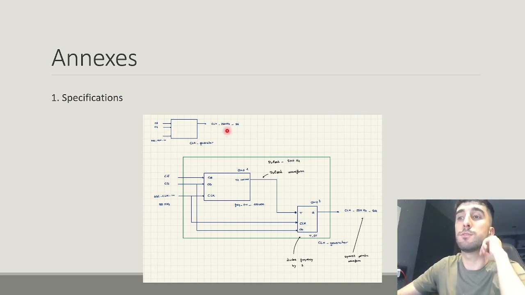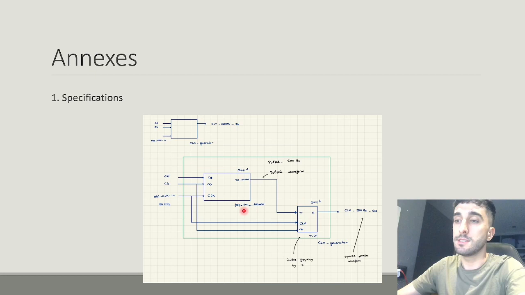So in the next part we are going to see the CLK generator. This is the symbol of the CLK generator, and here we have the internal structure. This is a frequency divider that gives us a pulse waveform, but that is not interesting. So we need a T flip-flop to obtain a square periodic waveform, because we want a square periodic waveform.